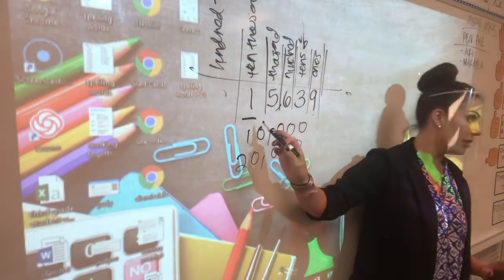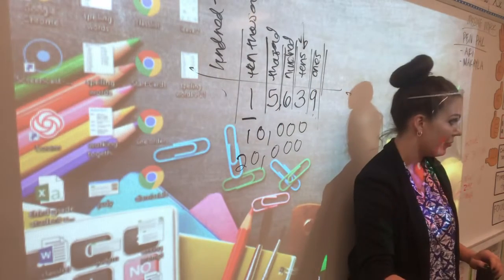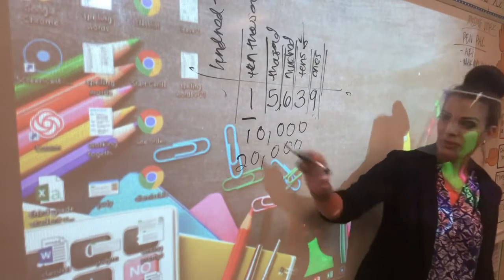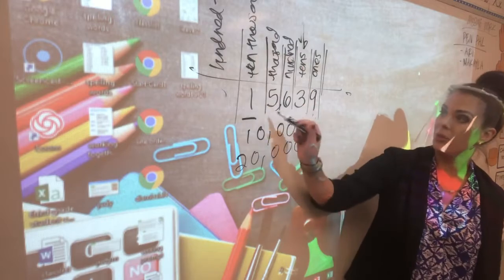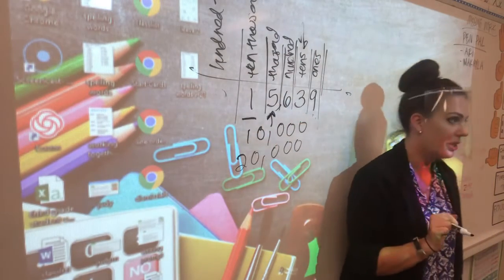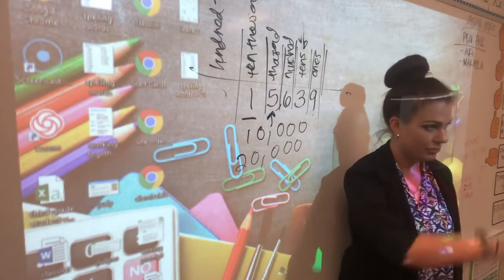You're looking at the 10,000 place value. It's going to stay where it is or it rounds up. Everything behind it becomes a 0. So this is what I'm looking at to inform my decision. Do I go up to 20 or do I go down to 10?